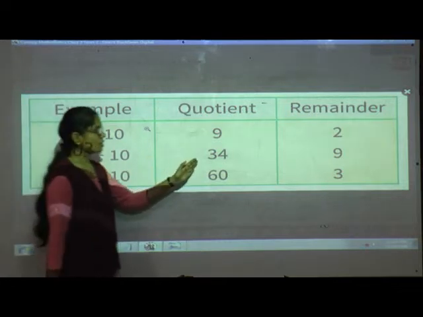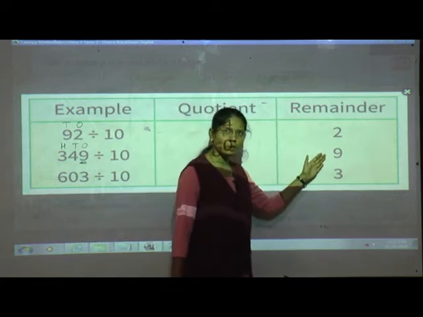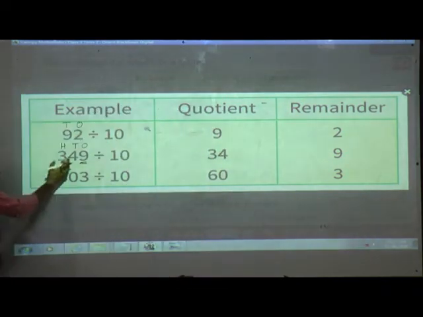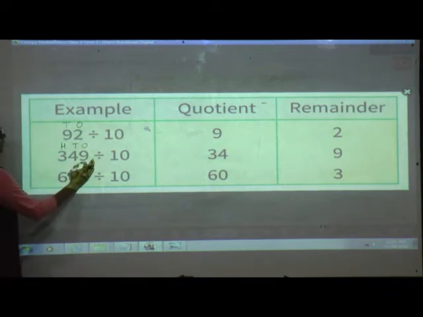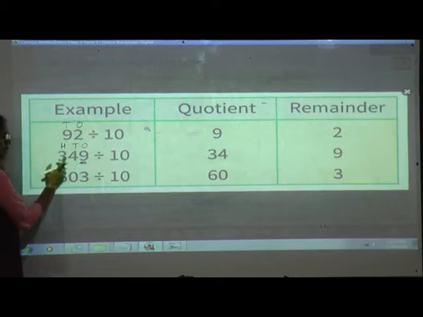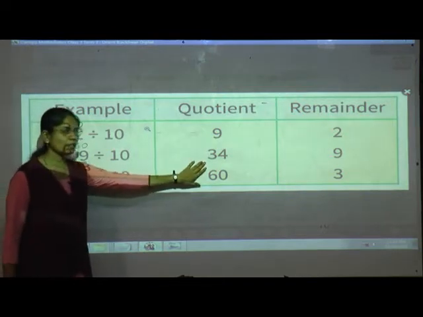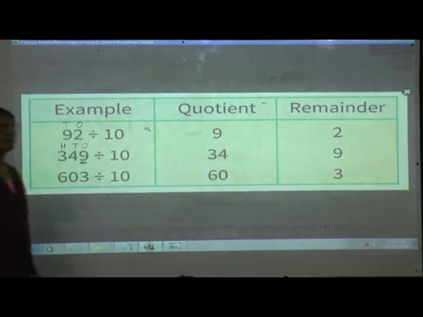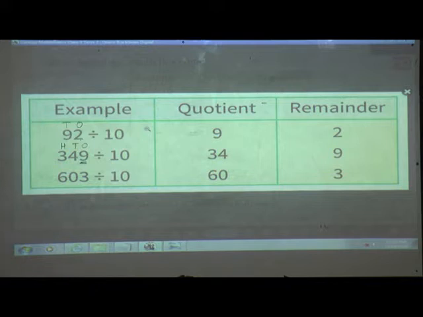After solving we got the remainder 9, isn't it? And the remaining numbers, leaving this ones place, the remaining 2 digits, 34, that should be the quotient. So after solving we got the quotient 34 and remainder 9. Clear?